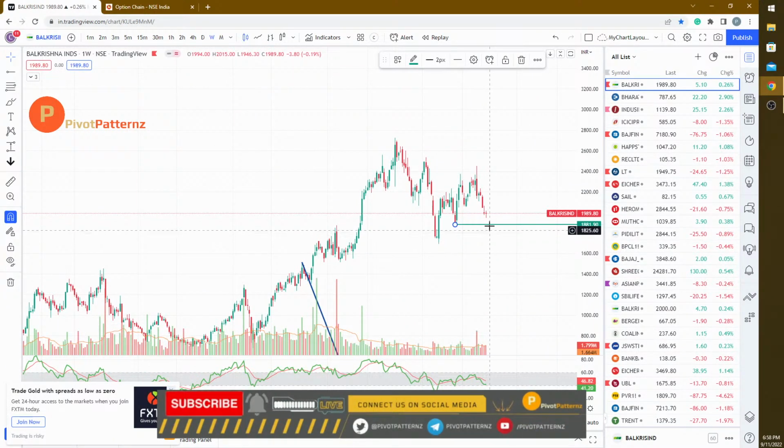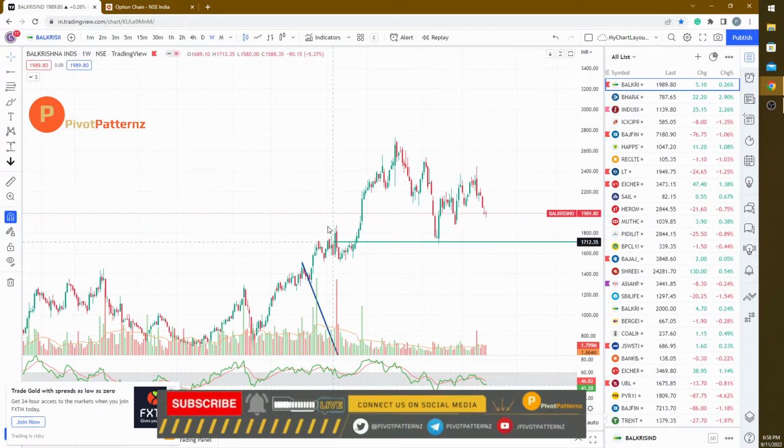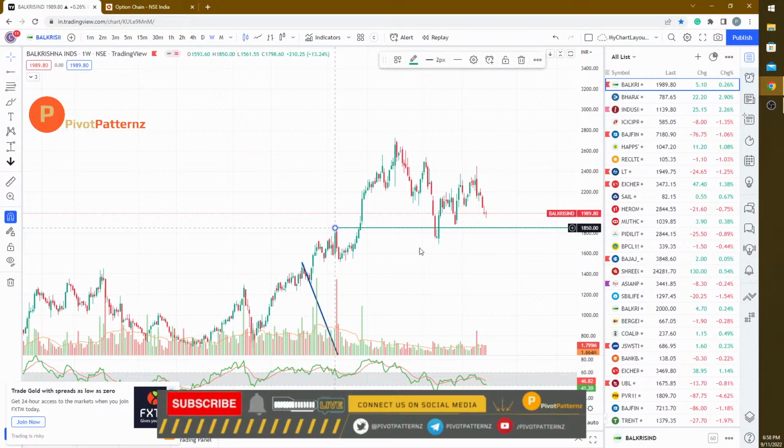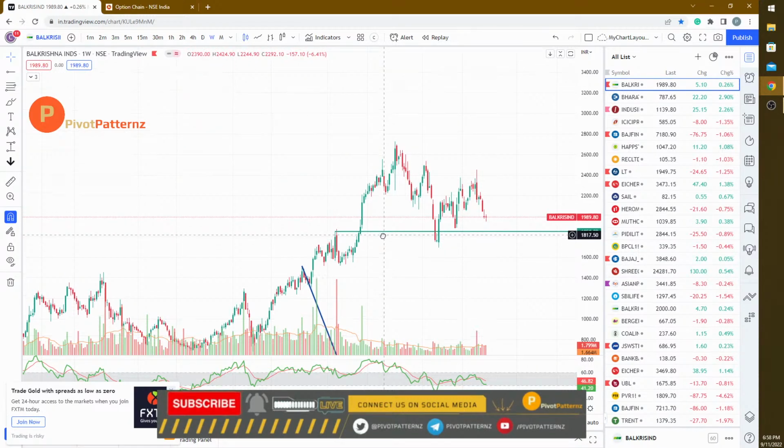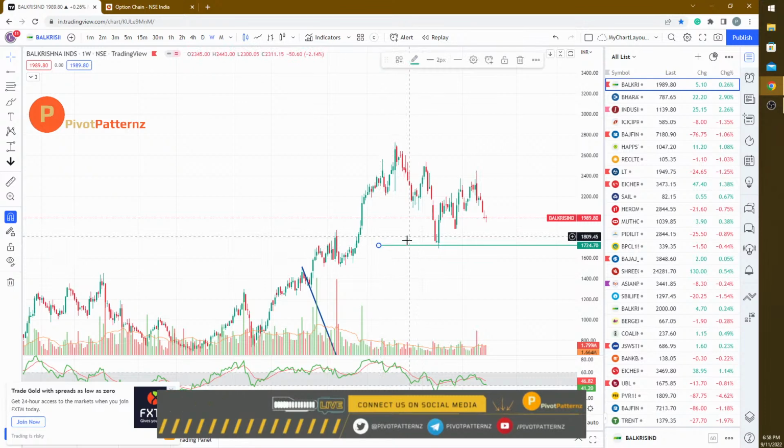So next destination, if somebody is interested to buy Balakrishna, it has already been tested, but a minor support can be here, 1760.